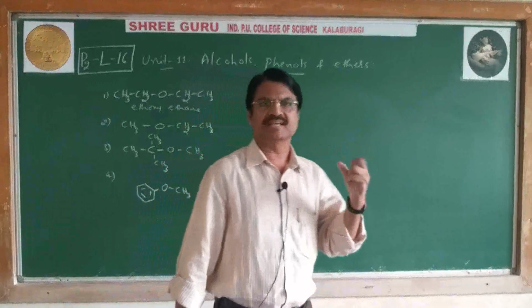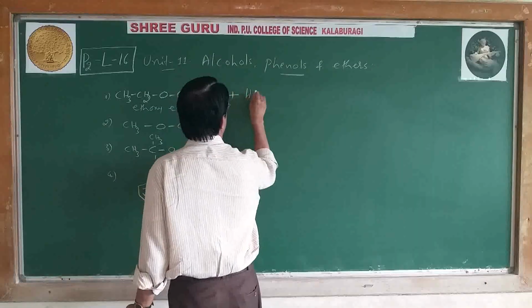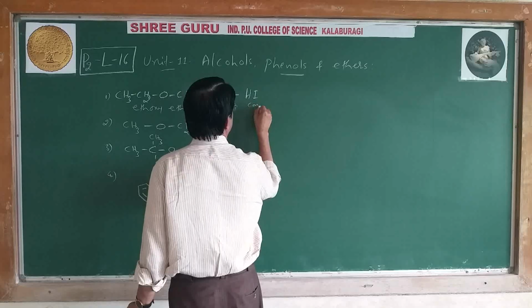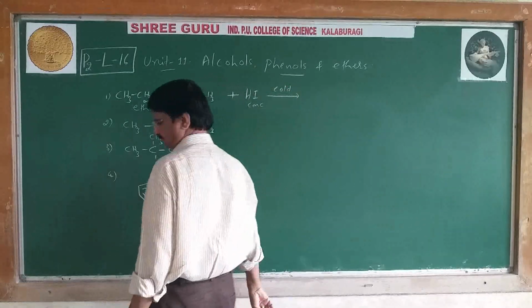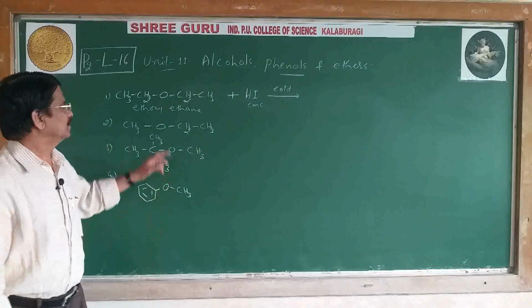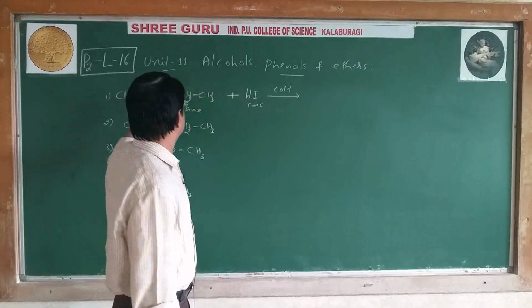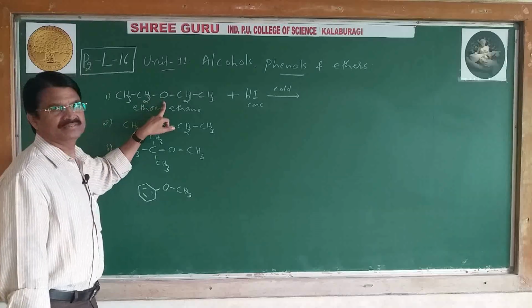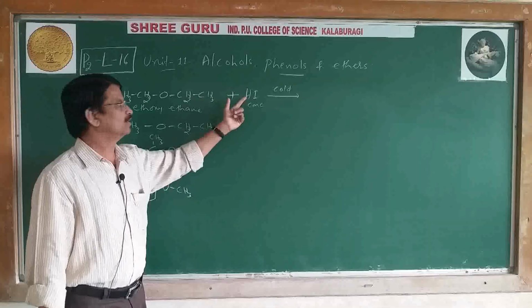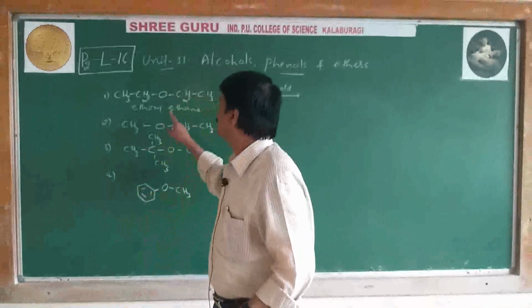But first we consider cold condition, with HI in a concentrated medium. If it is cold condition and 1 mole of HI reacts with ether, then first the ether gets protonated from HI, because it is an acid and can donate H plus easily.